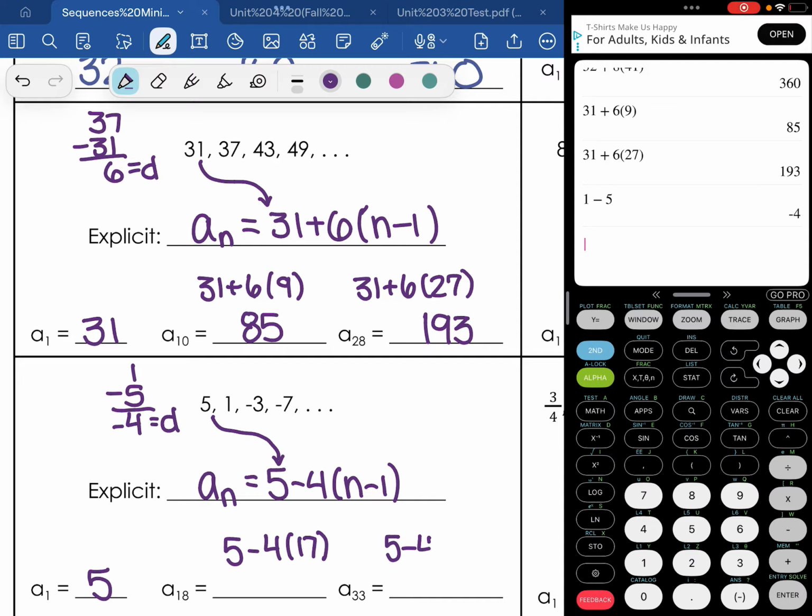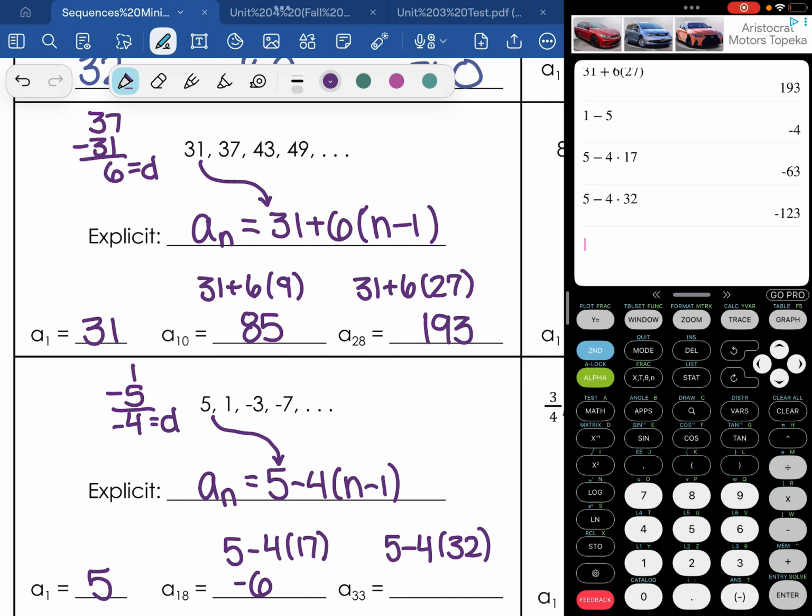And then I just grab my calculator and do 5 minus 4 times 17, 5 minus 4 times 32. Negative 63 is my first answer. Negative 123 is my second answer. And that's all there is to it, if it's arithmetic.